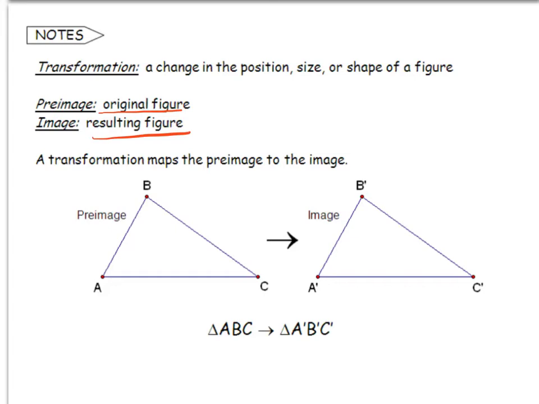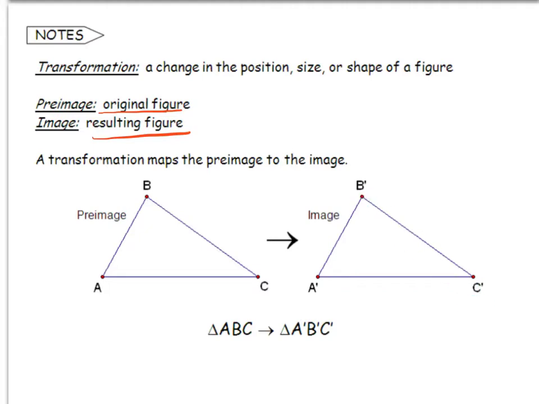So you have your image here. This is what we start with, our triangle ABC. And what happens is it'll go through this transformation, either the change of position, size, or shape, and what'll pop out is your image. I want you to notice we start with triangle ABC, and we end up with triangle A prime, B prime, C prime.